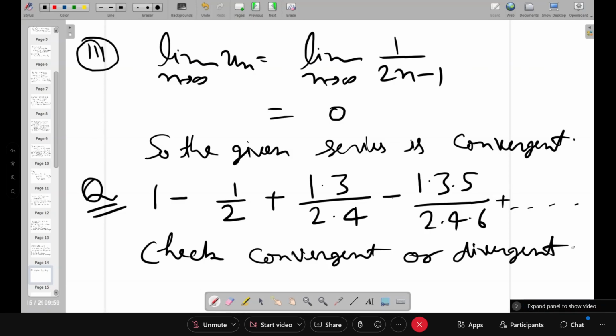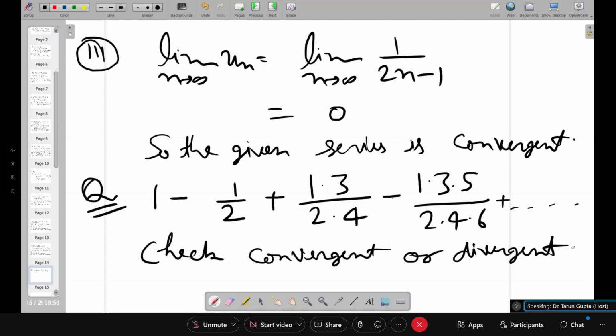So here terms are alternate positive negative, and terms are numerically decreasing also. So you can find out the un term here, and you check whether the limit of un is 0 or not. If 0, then by Leibniz test you can say this is a convergent series.